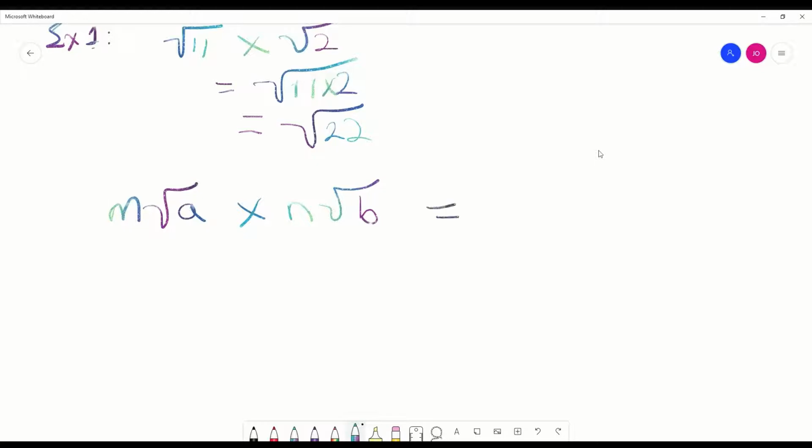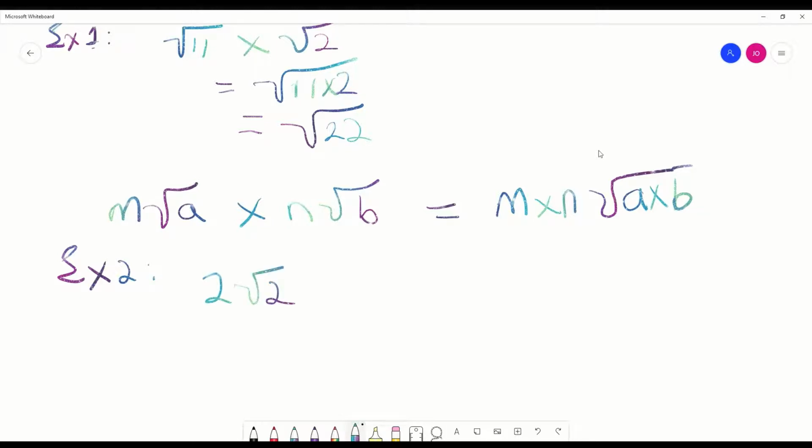That gives us m times n root a times b. So let's take example 2. Here, a typical example would be 2 root 2 times 3 root 5.